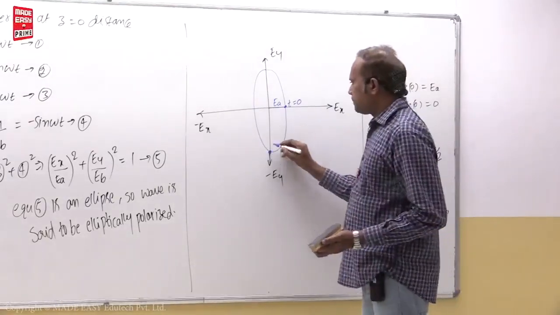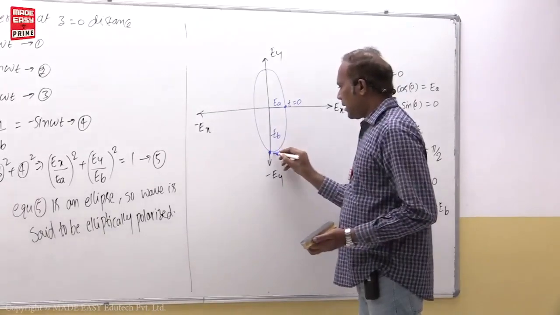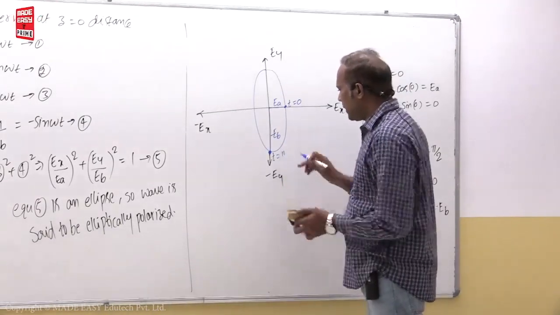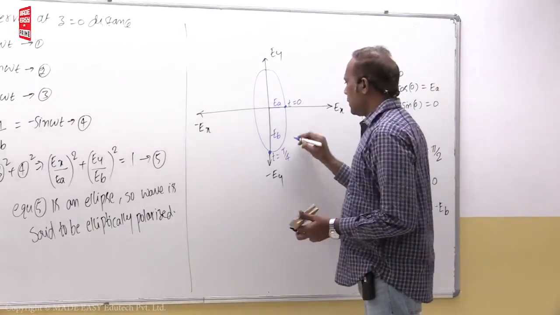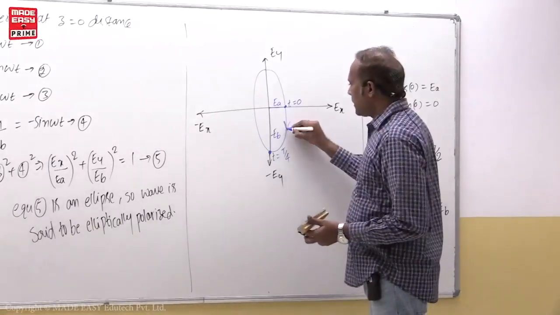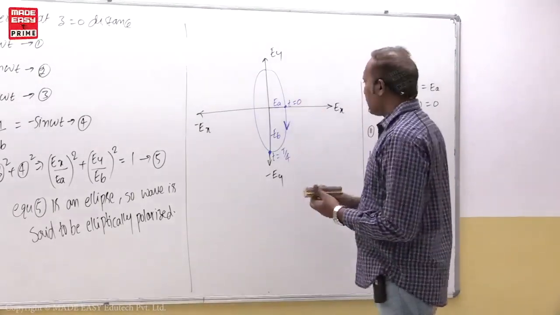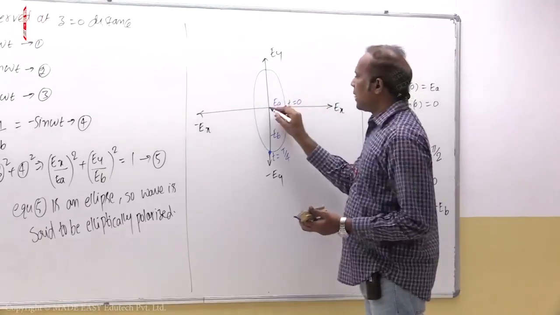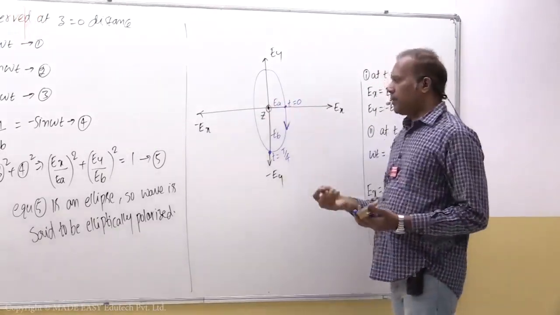So like this, this is minus EB, at time t equal to T by 4. That means time increased now. So the elliptical tip is going like this if time increases. Now this is the x-axis, the y-axis, and out of the board is the z-axis. The wave is propagating in the z direction, that is out of the board.